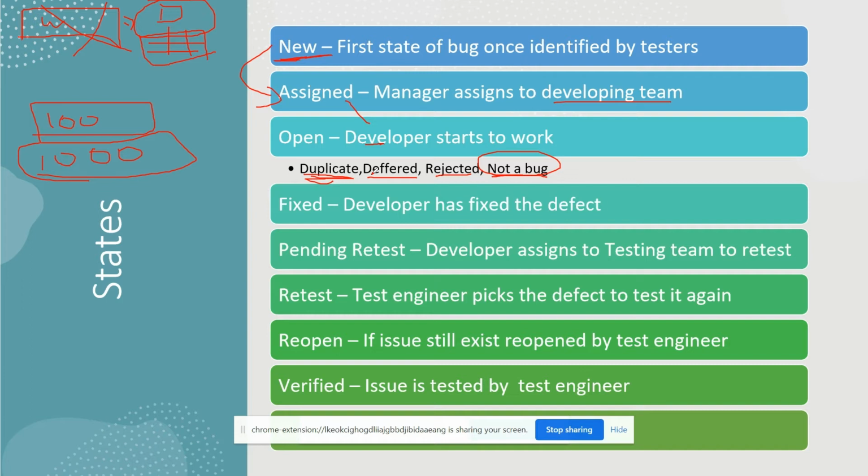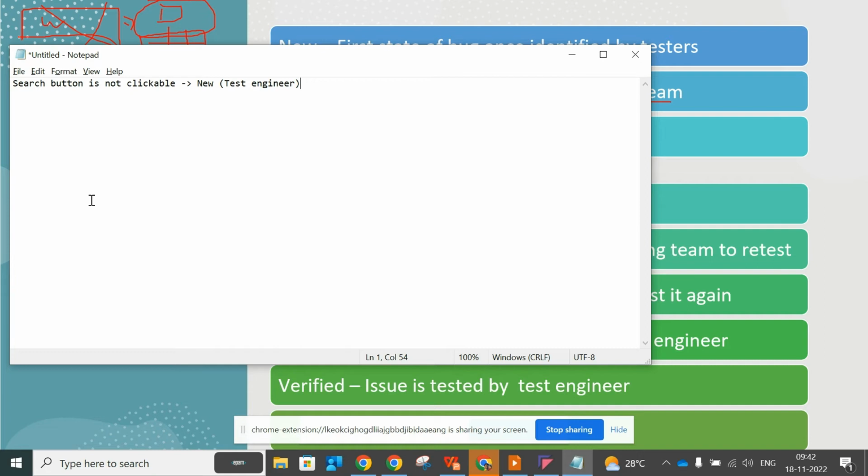Say person A raised the bug yesterday, and it got a bug ID, say 001.